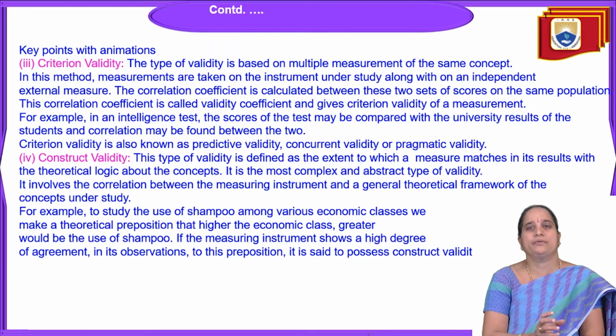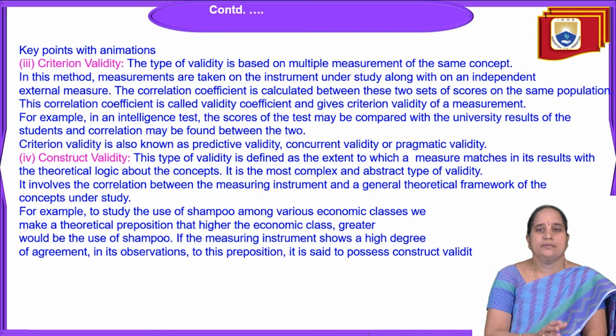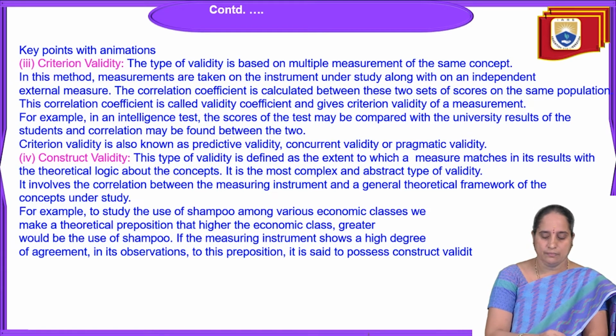For example, if you take to study the use of shampoo among various economic classes, to make a theoretical proposition that higher the economic class, greater the use of shampoo.